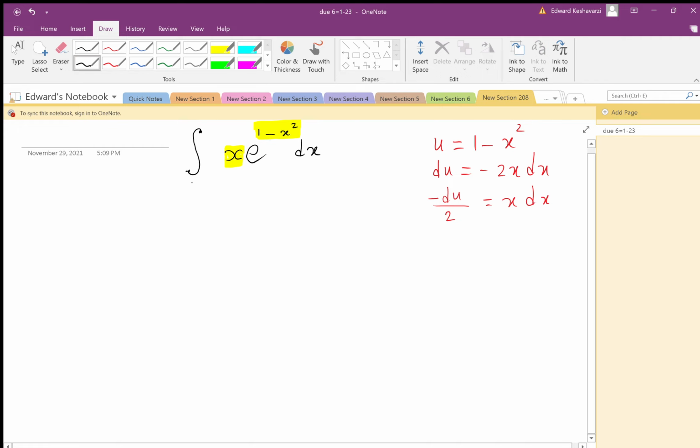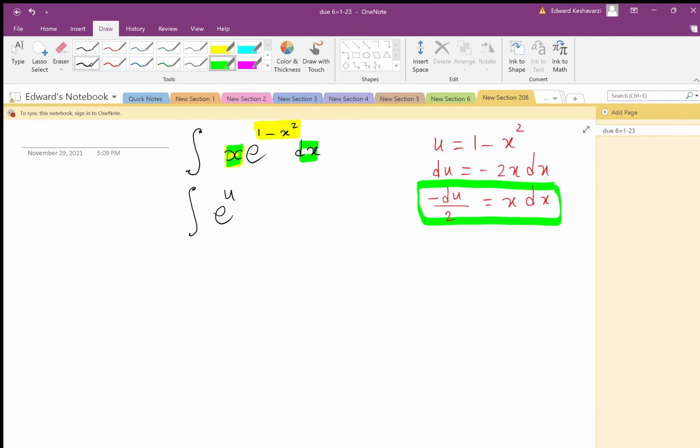Now I'm going to rewrite my integral in terms of u alone. So e to the power of u is obvious because 1 minus x squared is u. And as you see, x dx together can be replaced with negative du over 2.